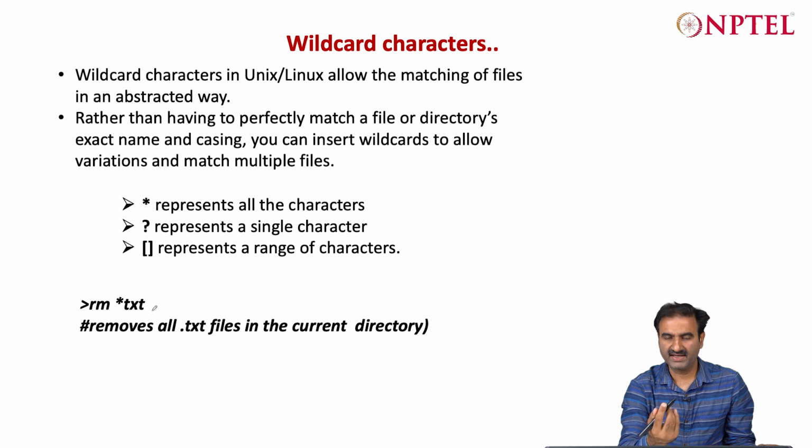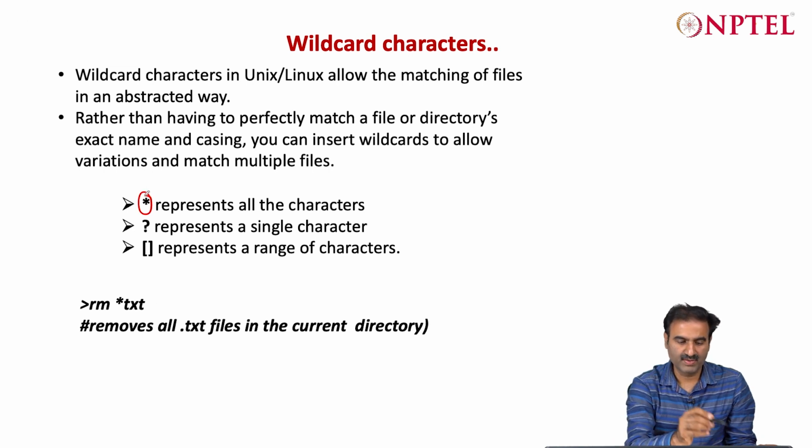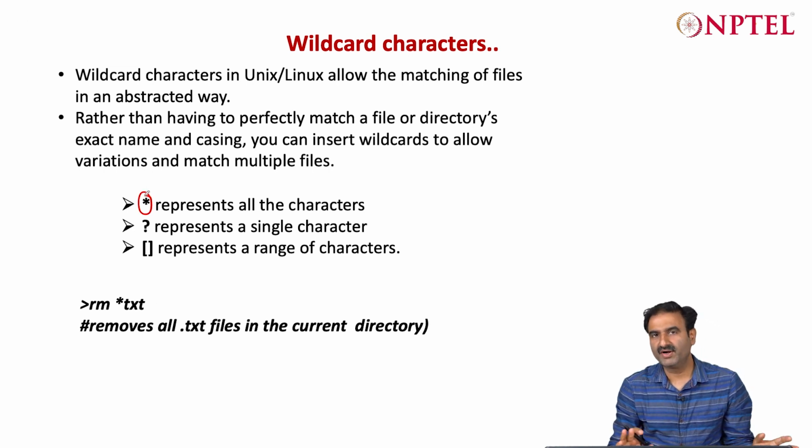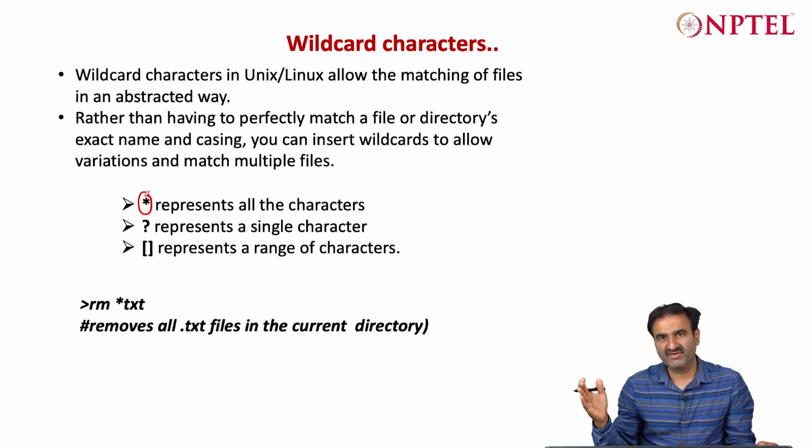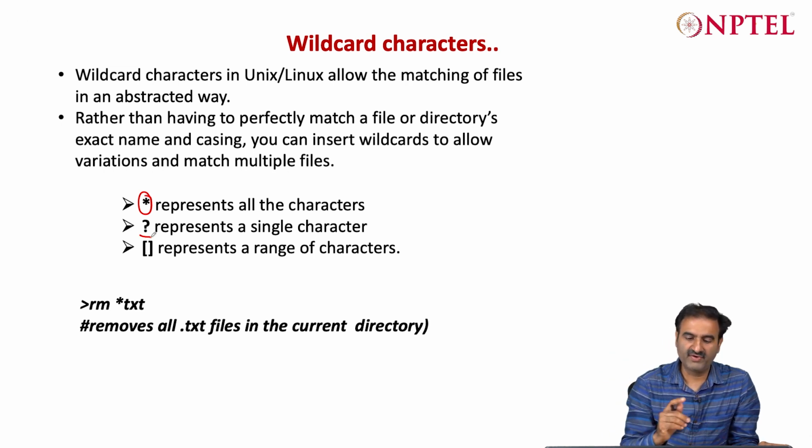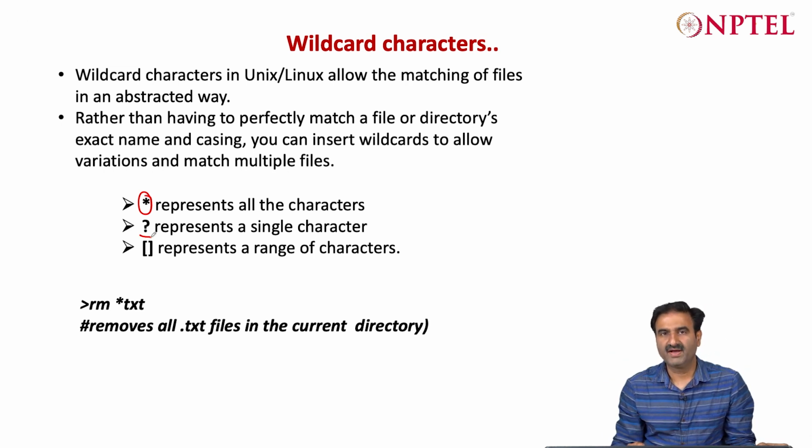Wildcards we have seen; there are 3 of them. Star is where you do not define anything, and each and everything present there will be displayed. Like ls star will display everything there. But if I say ls star pl, anything which has the suffix pl will be displayed. Now this one is for a single character.